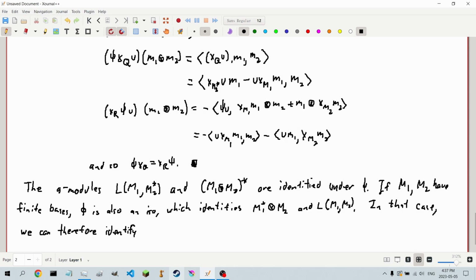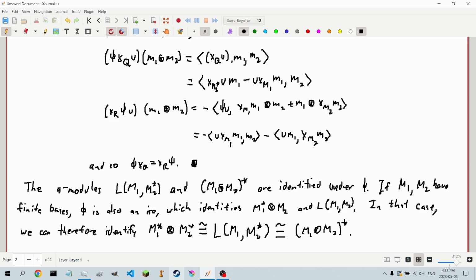Identify M1 star tensor M2 star through phi as being congruent, equivalent, isomorphic to L of M1 and M2 star, which by C is then isomorphic to M1 tensor M2 star.